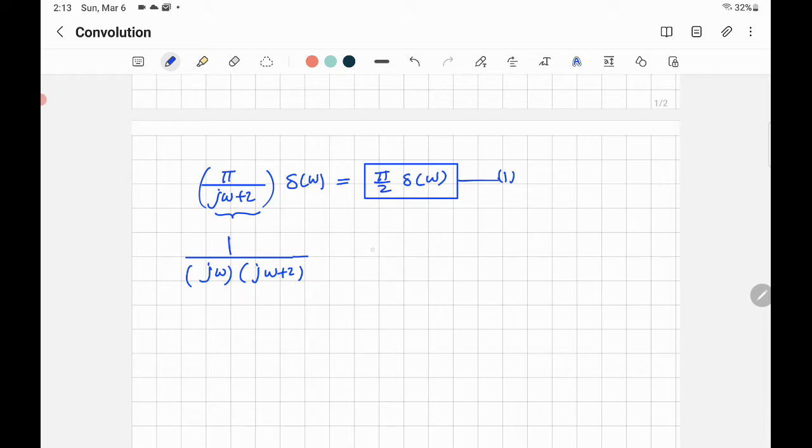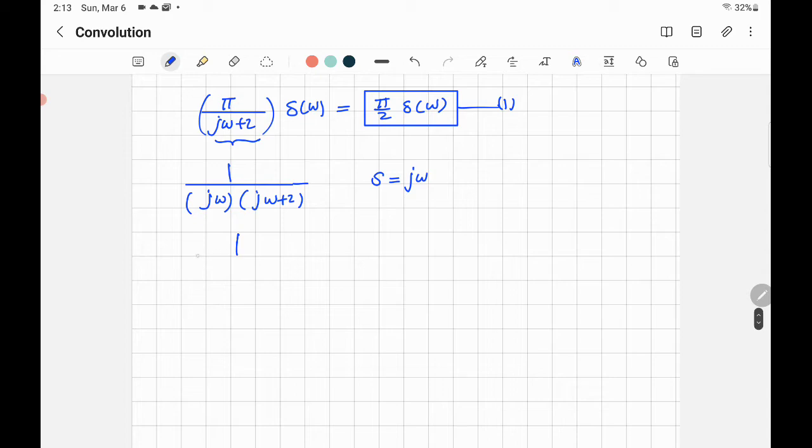But before we do partial fractions, let's just call j omega by s, to make it simple when we are solving. So j omega here will be s, and j omega plus 2 will be s plus 2. And again, we'll try to convert this product into a sum using partial fractions.